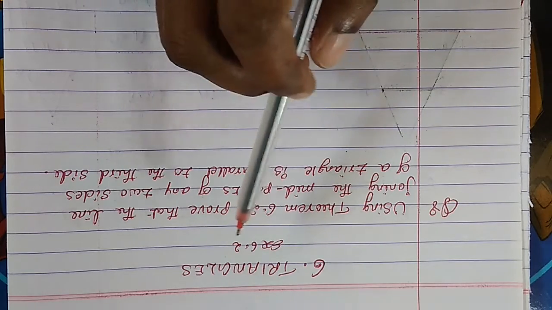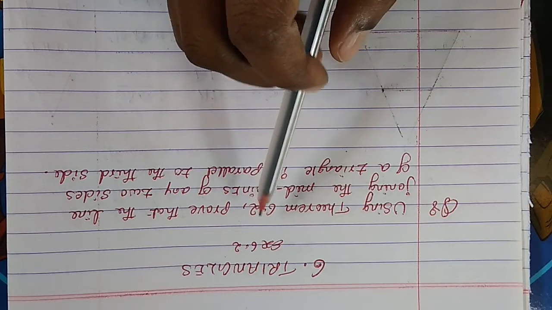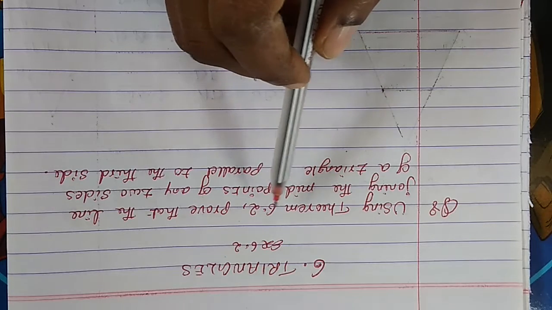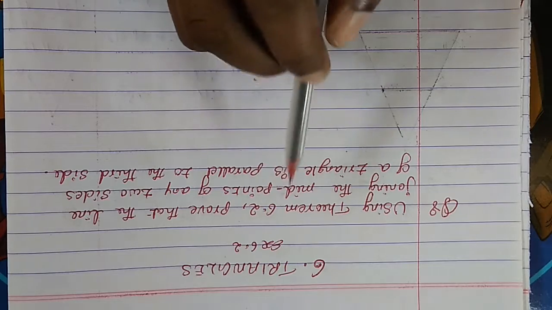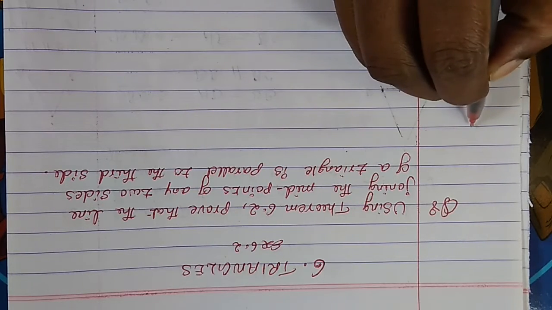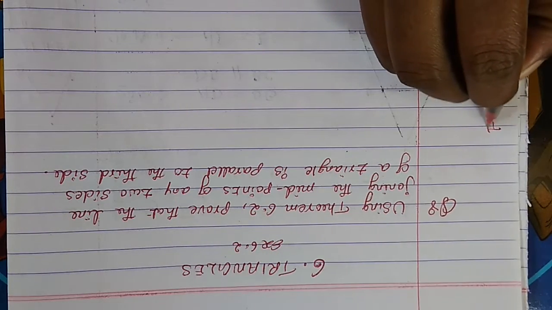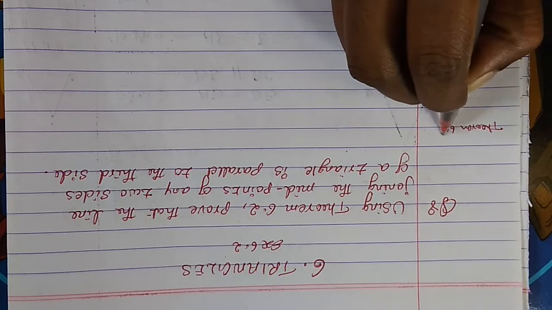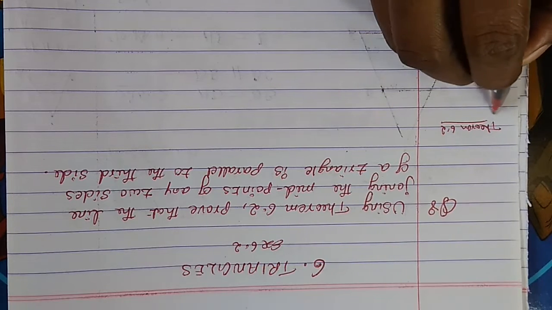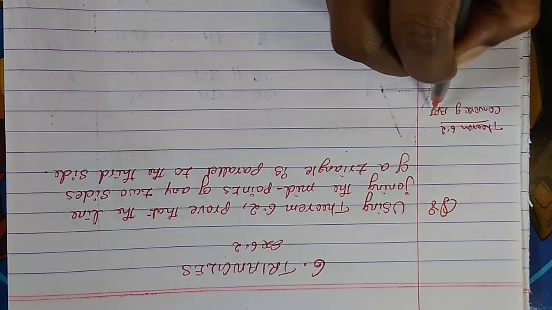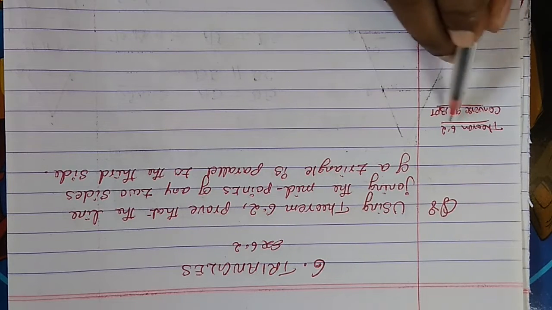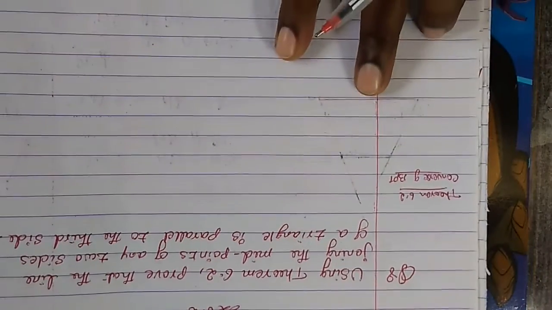When I did the introduction, I explained to you theorem 6.2, that is nothing but the converse of the basic proportionality theorem. So I'll explain it here in short. What does it say?